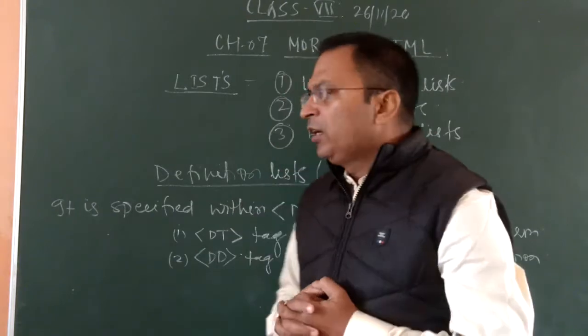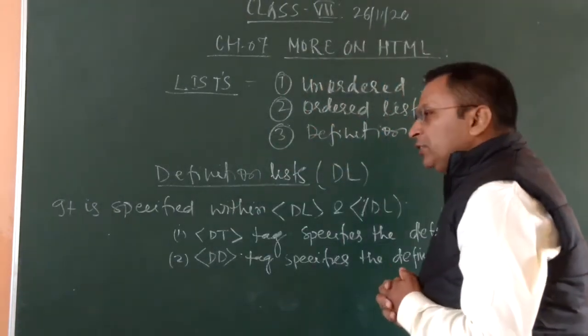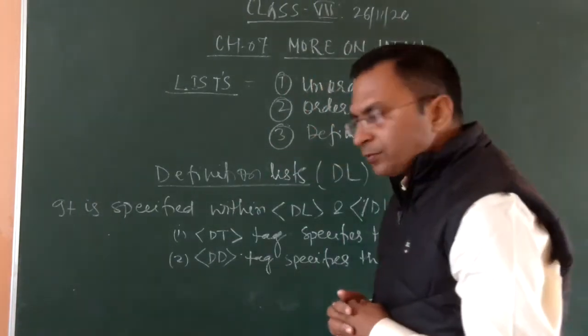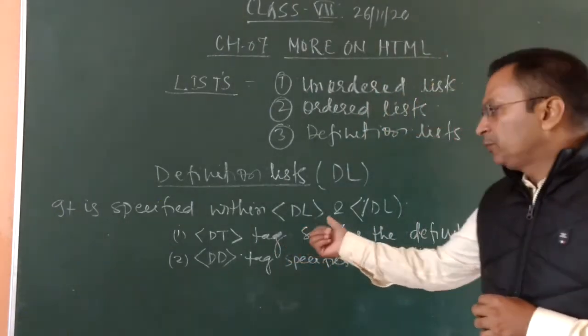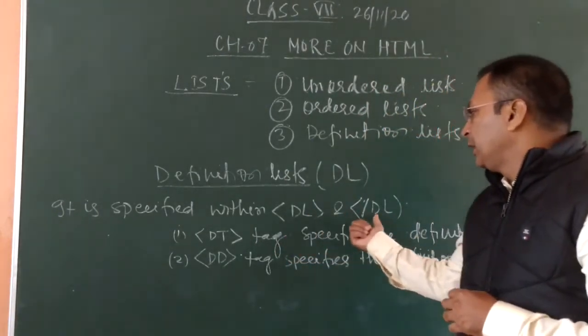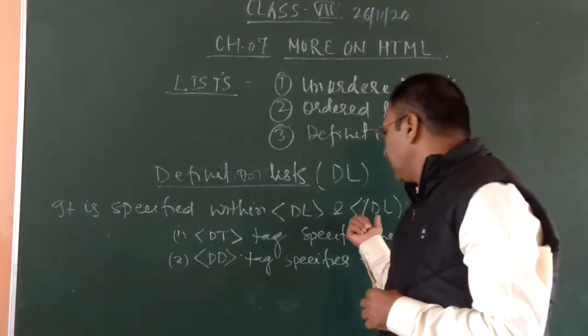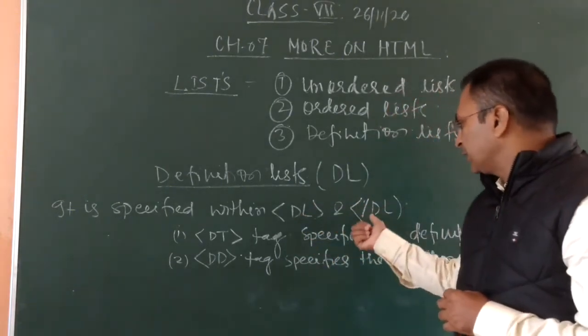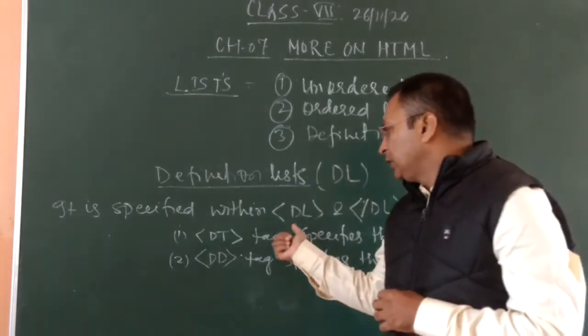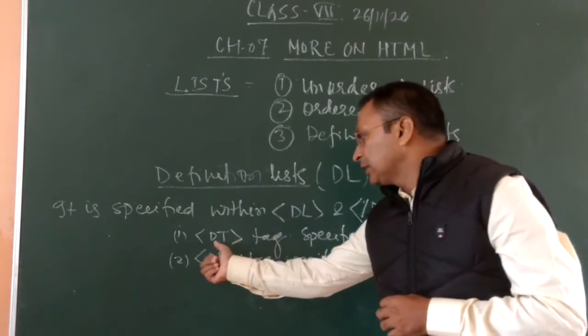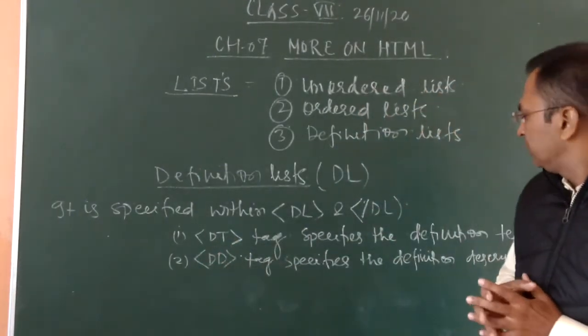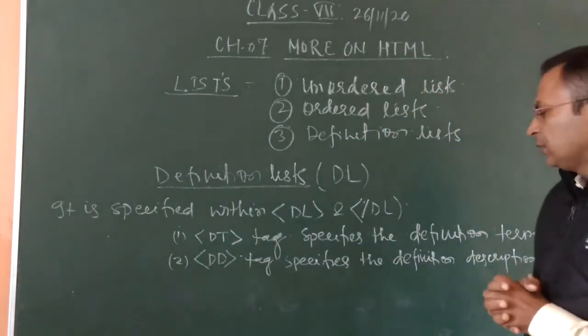Under this definition list, we have seen that DL and the closing backslash DL are classified into DT, the definition term, and DD, the definition description.